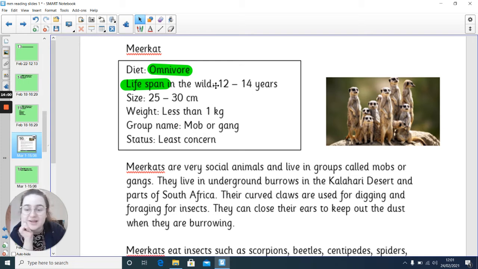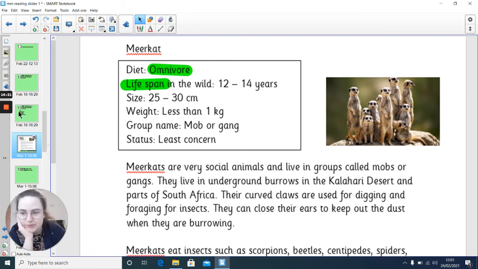And in the wild just means when they're not in a zoo. So maybe they don't live to be 12 or 14 when they're in a zoo, but when they're in the wild living on their own in Africa, then they might live to be 12 or 14. That makes brilliant sense. So lifespan is how long they live, or how old they get.